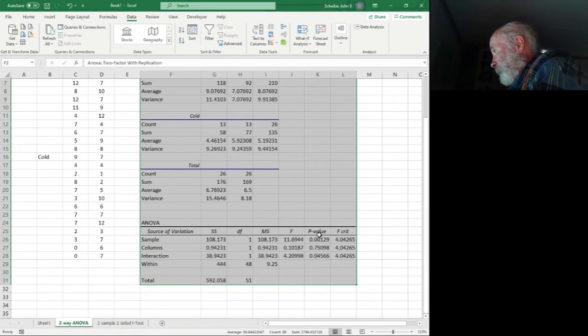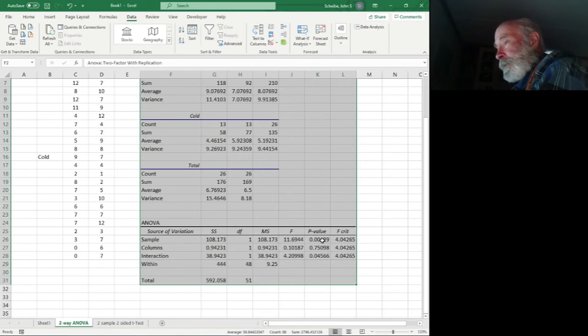And what we want to pay attention to here are the p-values. So what this first p-value tells us is there is a difference between the samples. So in other words, the vigilance on a warm day is not the same as vigilance on a cold day. So we're going to reject the null hypothesis that vigilance is equal on warm days and cold days. It is not.